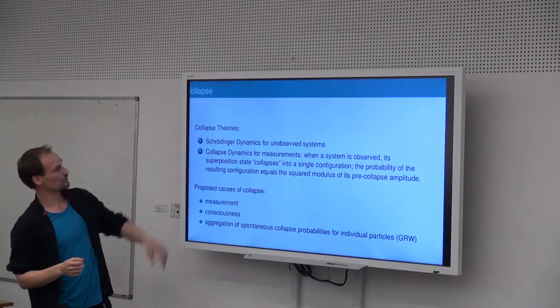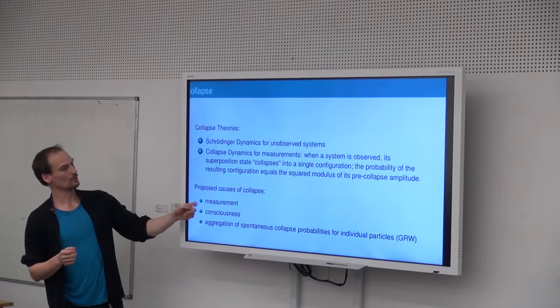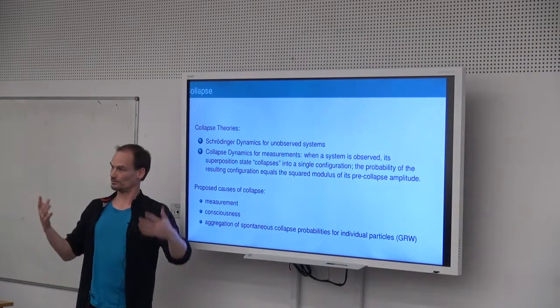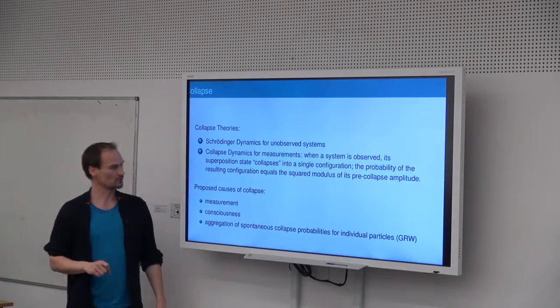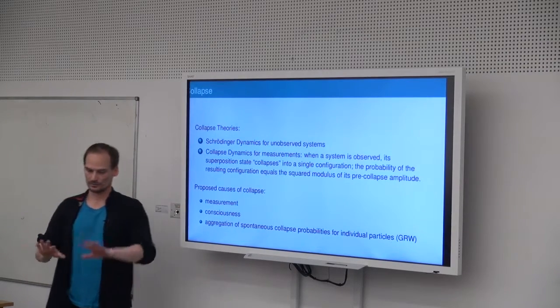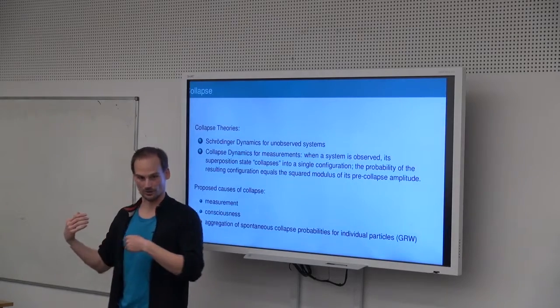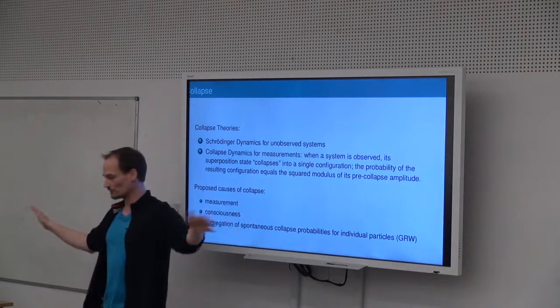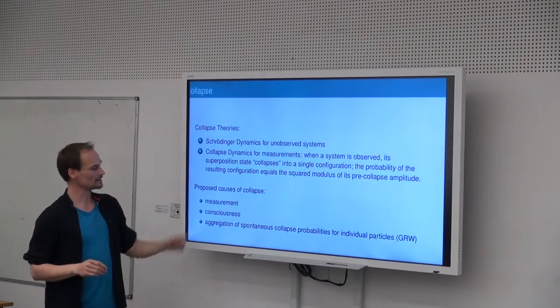So people have proposed some alternatives to this particular cause of collapse. I've assumed it's the measurement that causes the collapse. There's one famous alternative which says that it's not measurement that causes the collapse of these superpositions, but consciousness. Once a conscious observer comes along and looks at something, this makes all the different branches disappear and you only get one particular state.